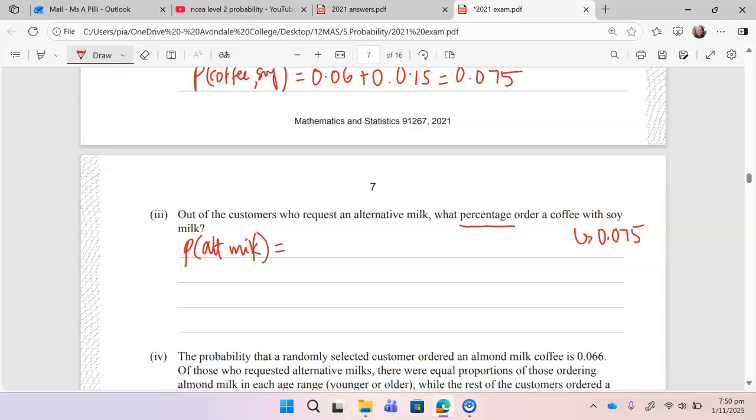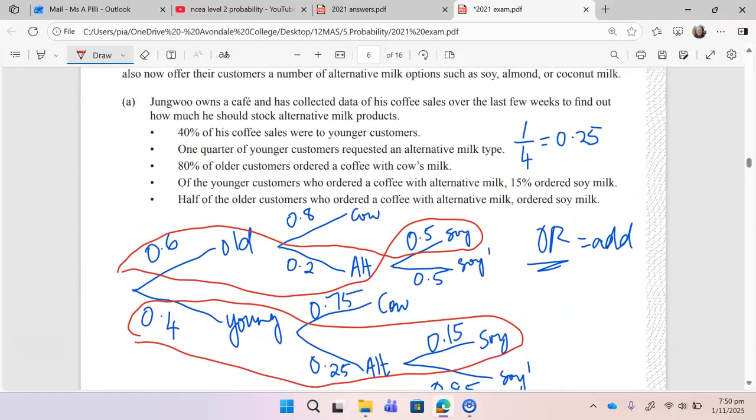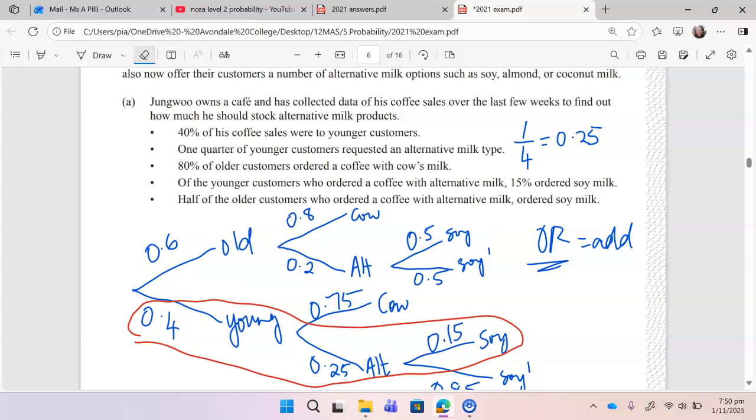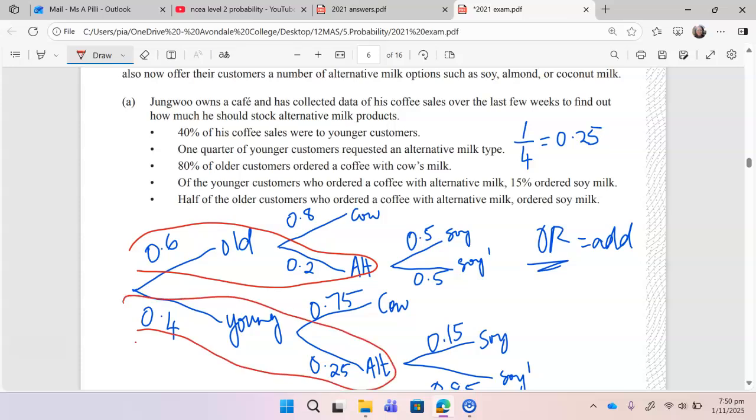Could be old, could be young. So scroll back up. We are now therefore looking for old and alternate milk, or young and alternate milk.